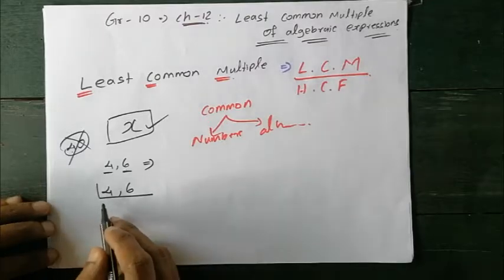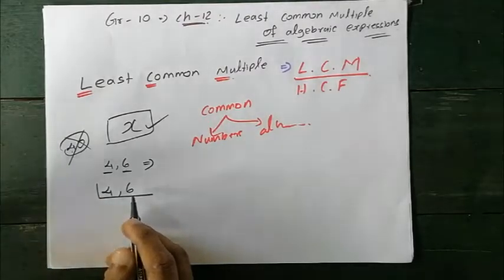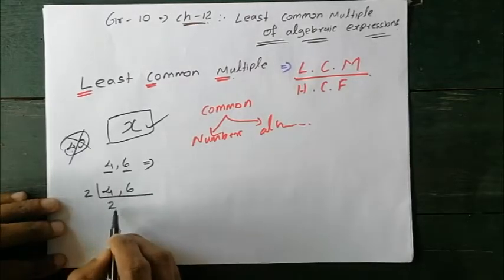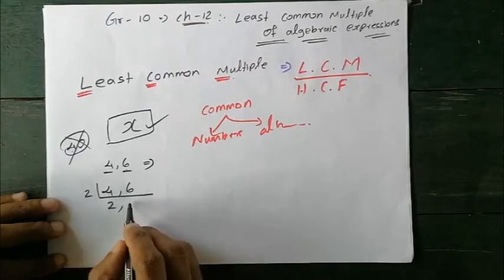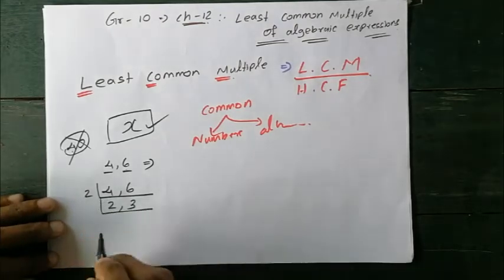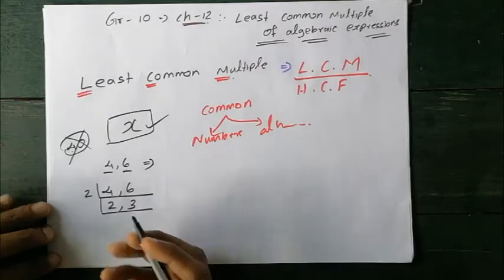We divide the given values with prime numbers. Dividing by 2, 4 divided by 2 is 2 and 6 divided by 2 is 3. Same step, we divide by a prime number.